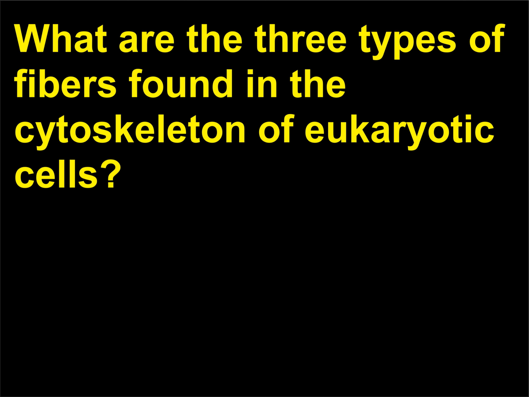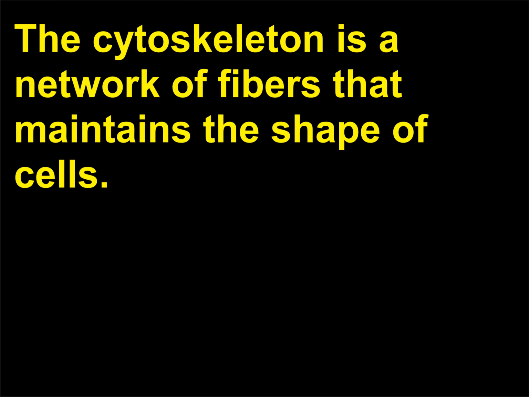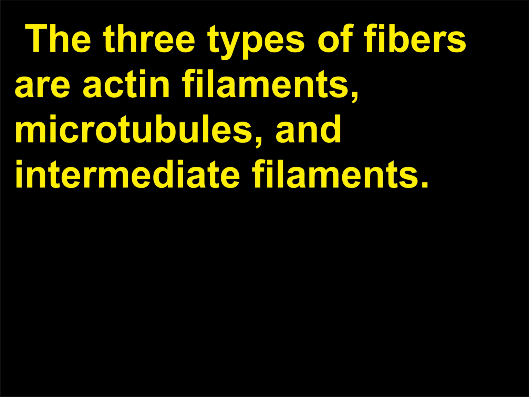What are the three types of fibers found in the cytoskeleton of eukaryotic cells? The cytoskeleton is a network of fibers that maintains the shape of cells. The three types of fibers are actin filaments, microtubules, and intermediate filaments.